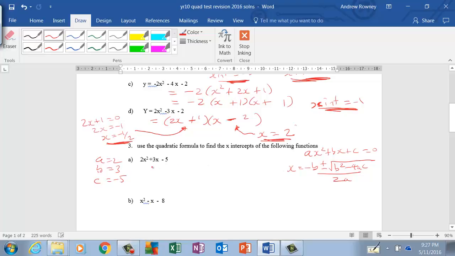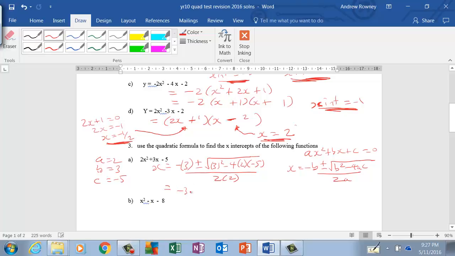So using that formula, the x-intercept is minus b plus or minus the square root of b squared minus 4 times a times c, all divided by 2a.